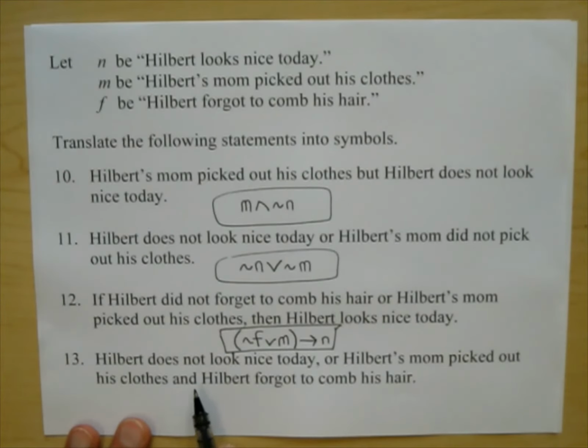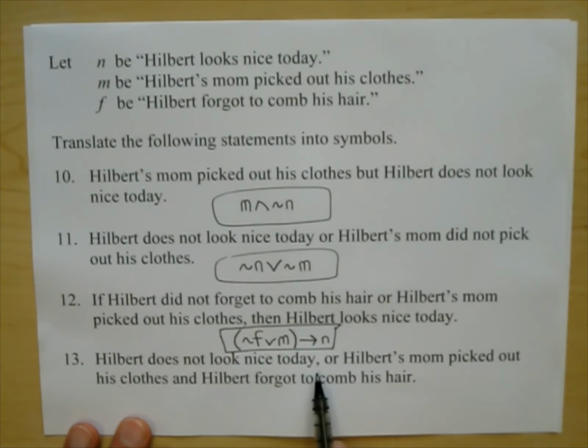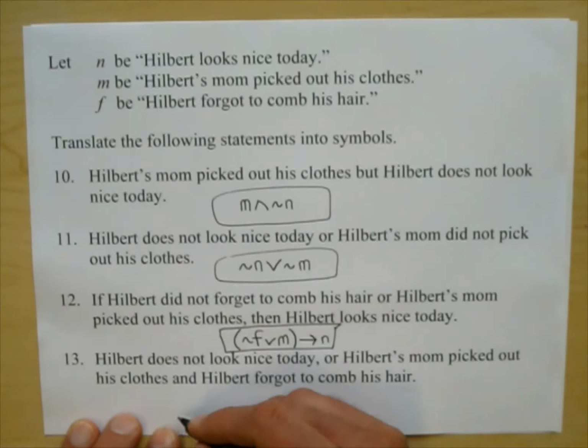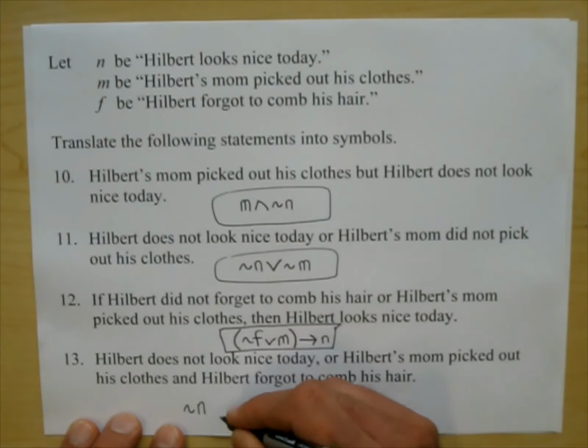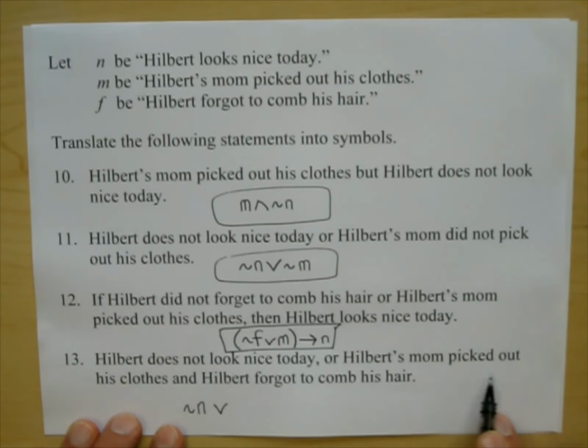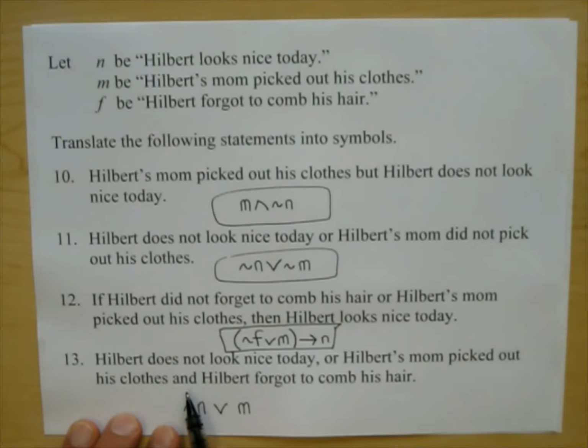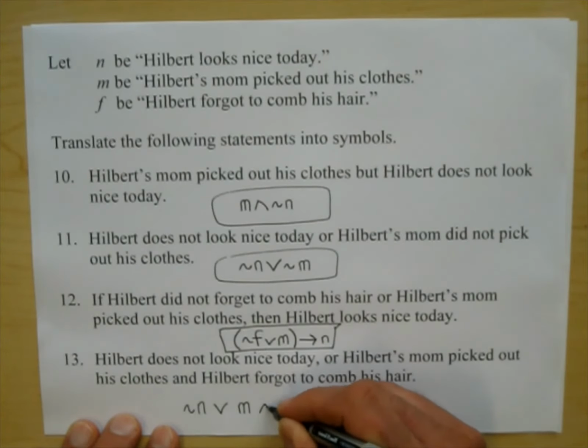Let's go ahead and do this last one of this type. Hilbert does not look nice today. And then there's a comma. So that's actually an indication of grouping of something. Hilbert does not look nice today, so that's tilde N. Or Hilbert's mom picked out his clothes, that's going to be M. And here's the cap.